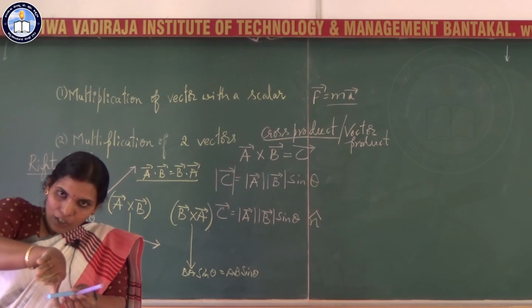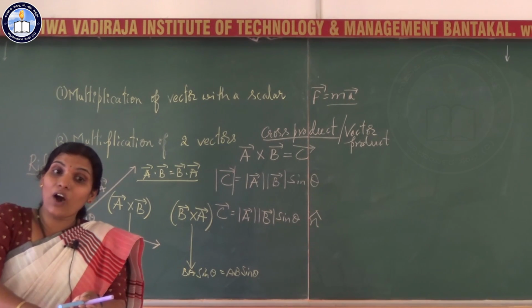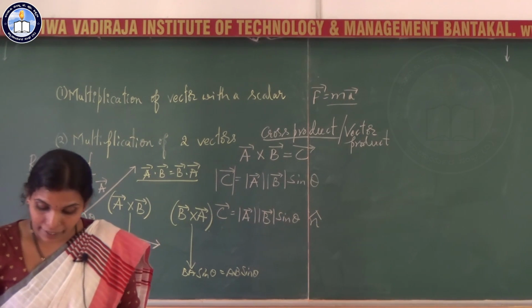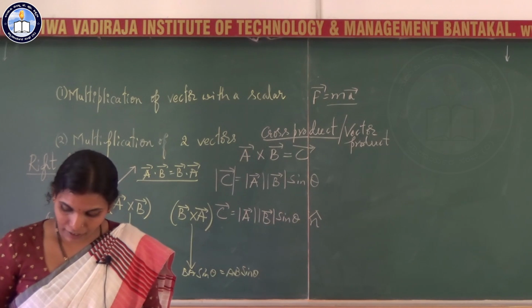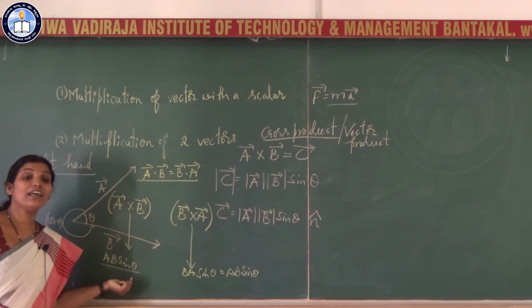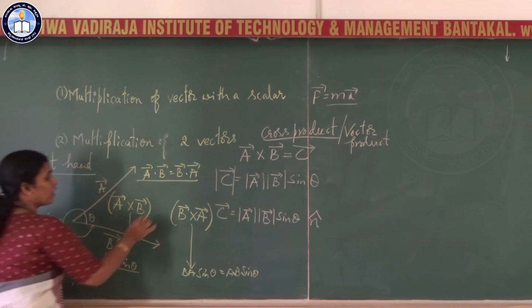B cross A, the thumb is directing downwards along the negative y-axis. I mean A vector cross B vector and B vector cross A vector, they are equal in magnitude but opposite in direction.